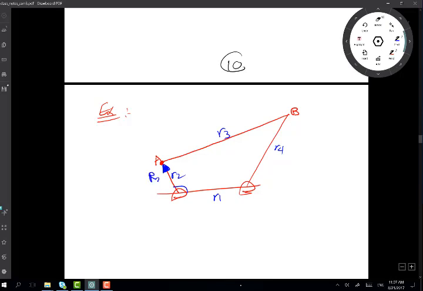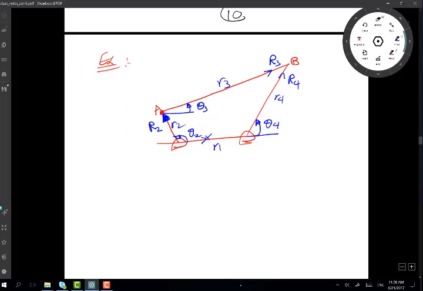So that's R2, and the angle from the X axis to R2 is theta 2, and this here is R3, and the angle here will be theta 3, and this one here is R4, and the angle here will be theta 4.